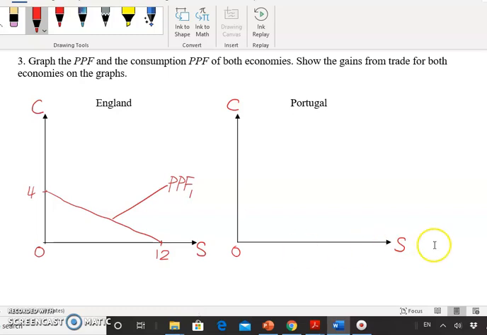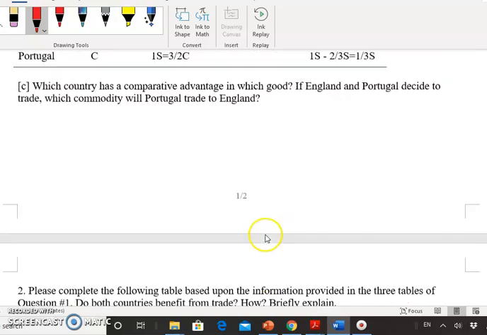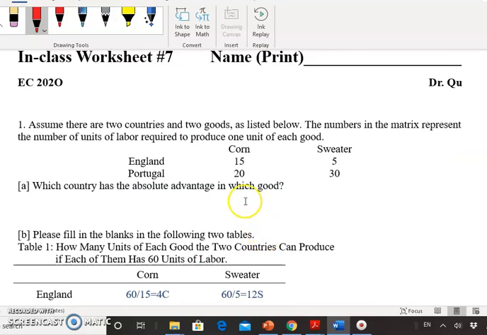All right, and for Portugal, we can do the same thing. Find these two corner solutions. Again, it has 60 units of labor. If every unit of labor is used to produce corn, it should be able to produce 3 corn, 60 divided by 20. If it spends all the labor to produce sweaters, it should be able to produce 2 sweaters, 60 divided by 30.